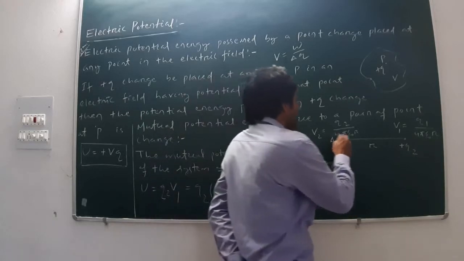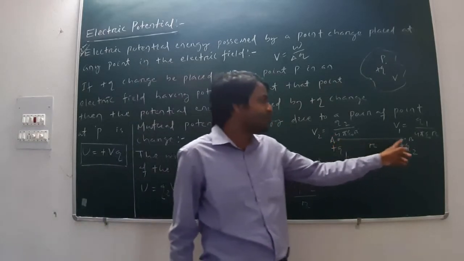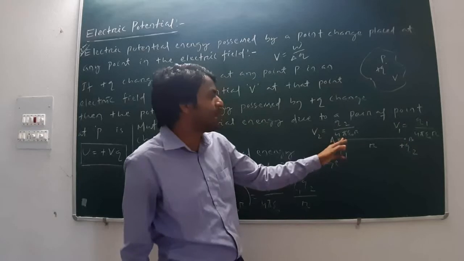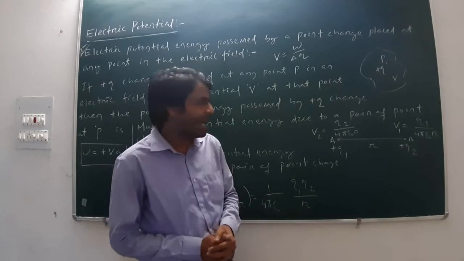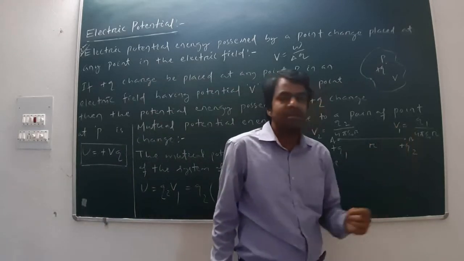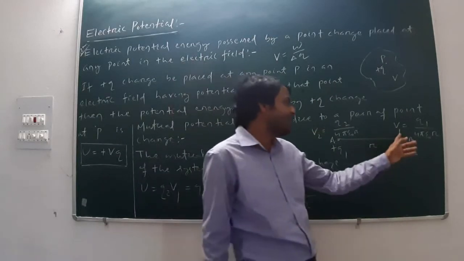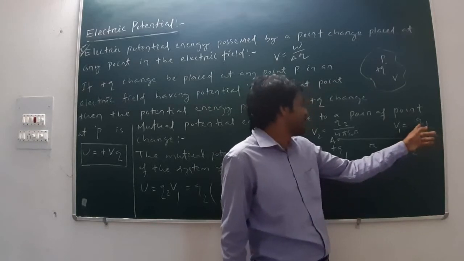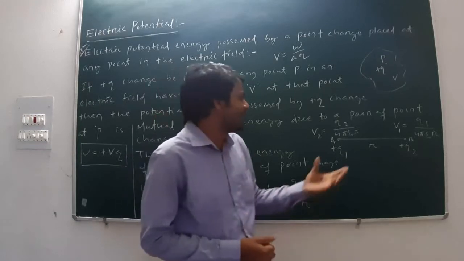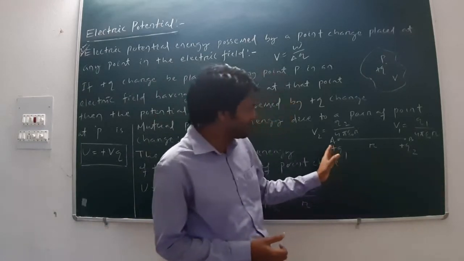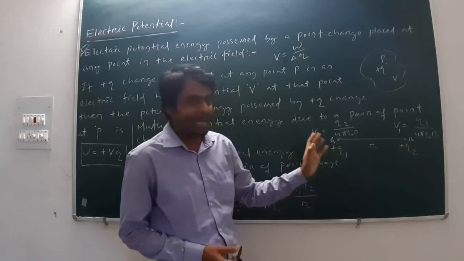Let this point be A and this point be B. At the point A, the electric potential due to plus Q2 point charge is Q2 by 4 pi epsilon naught R, or 1 by 4 pi epsilon naught Q2 by R. And at the point B, the electric potential due to the point charge plus Q1 is V1, that is equal to Q1 by 4 pi epsilon naught R. This is known as the mutual electric potential. Mutual means at the point A due to B, at the point B due to A, and the separation is R.